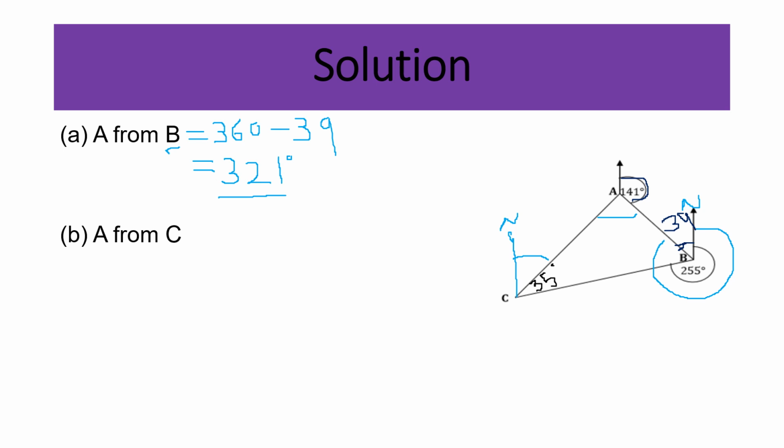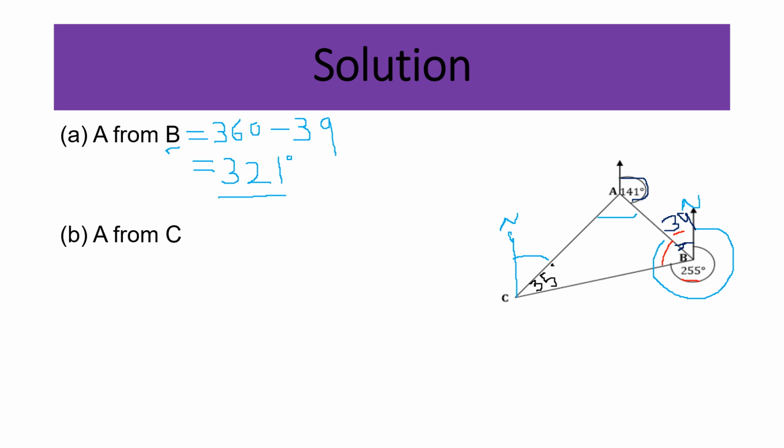To find angle BAC, we need first to know the angle ABC. How do you find angle ABC? You add 39, which you have found, plus the 255, then subtract from 360 degrees.